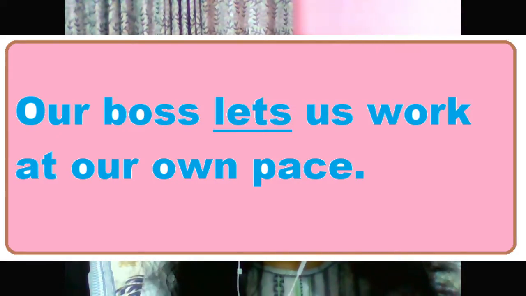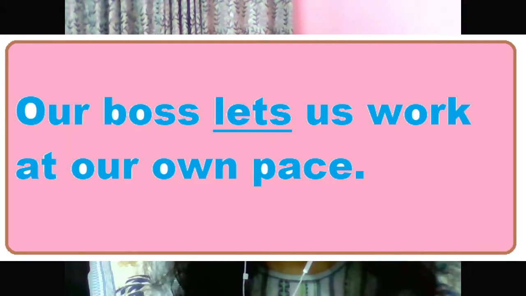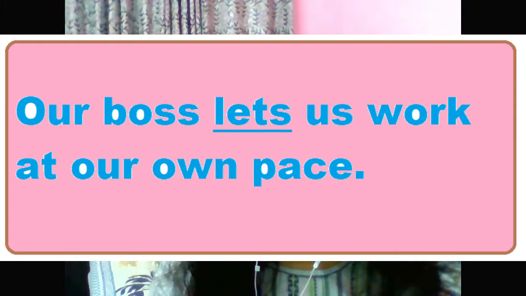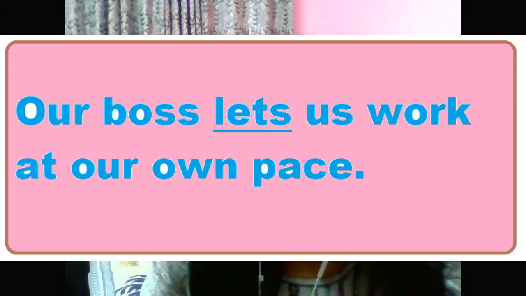Example number 2. Our boss lets us work at our own pace. If this is the case, trust me, you are really lucky. So the sentence is, our boss lets us. The boss allows them to work at their own pace.